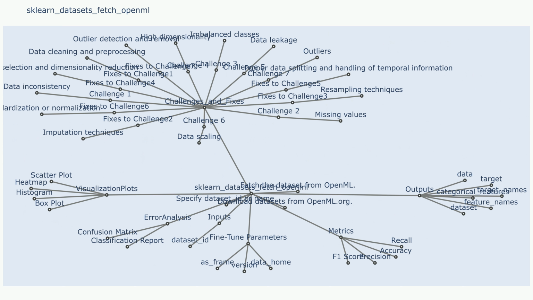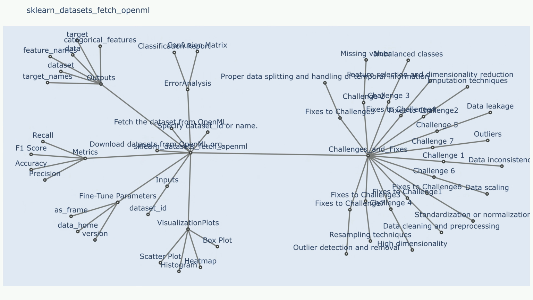Feature names: names or labels of the dataset features. Target names: names or labels of the dataset target variable. Categorical features: a list of indices representing categorical features. Details: additional metadata about the dataset from OpenML. Downloaded data path: the path where the dataset was downloaded and stored locally.